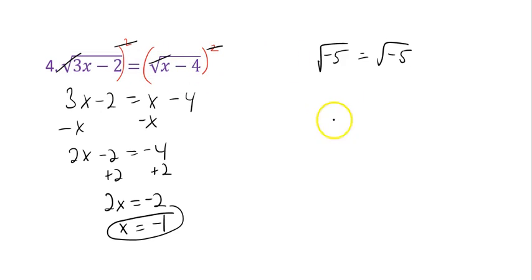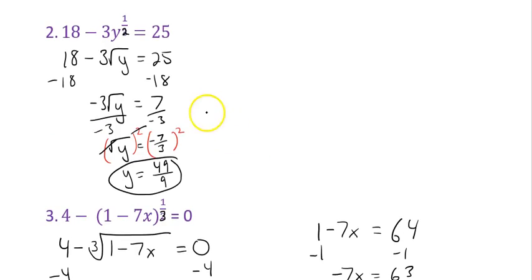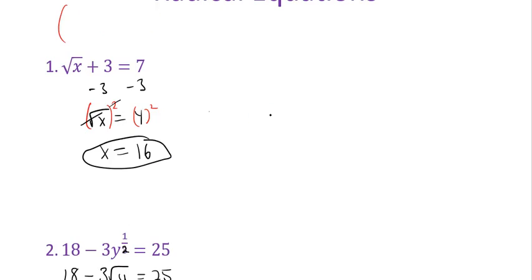Had it not worked out that way, if I had had like the square root of -5 equals the square root of 7, that would not work out, and I would have to throw that answer out. If up here at the top, so that I can explain this a little bit further, if we go back to example 1, let's say that I had gotten a -16.